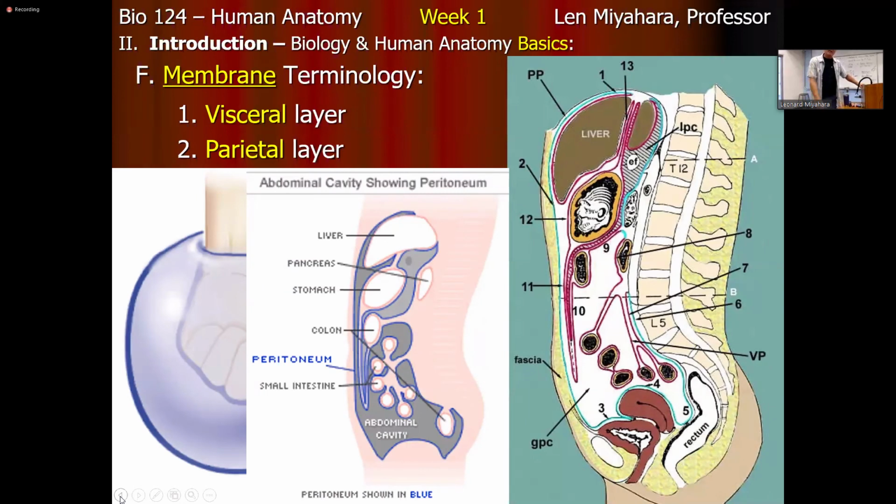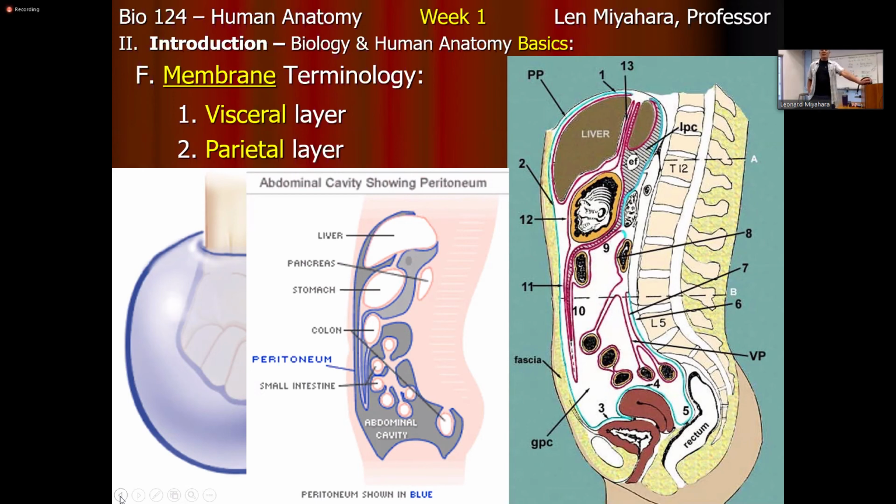The membrane that is stuck on the fist is called the visceral layer. So write that next to number 1. Stuck on the organ. In fact, because of the well-rounded education I have, I know the old name for organ was viscera. Just take off the L. The visceral layer is the one that's stuck on the organ.